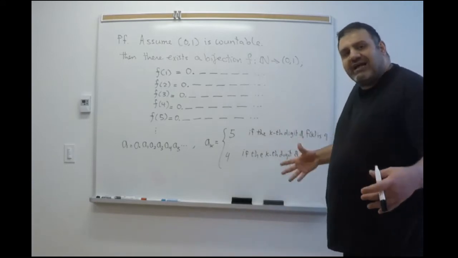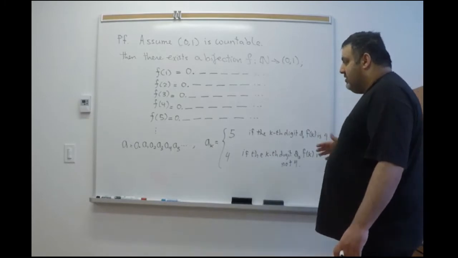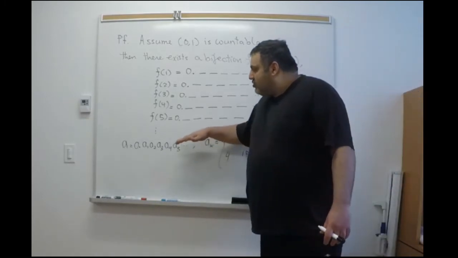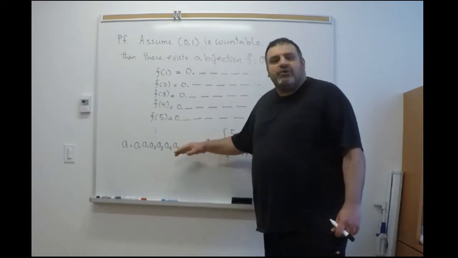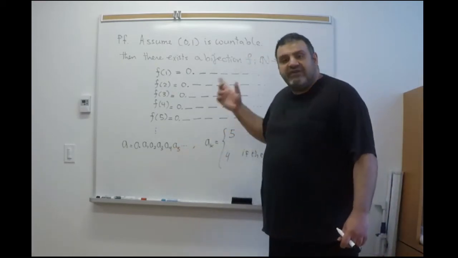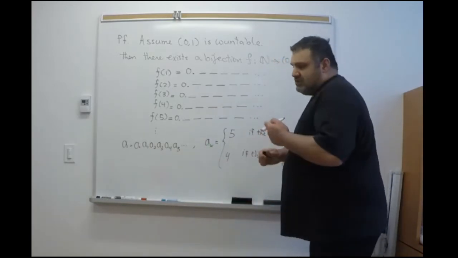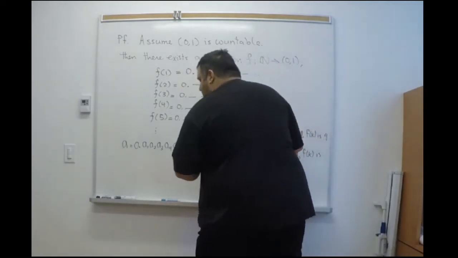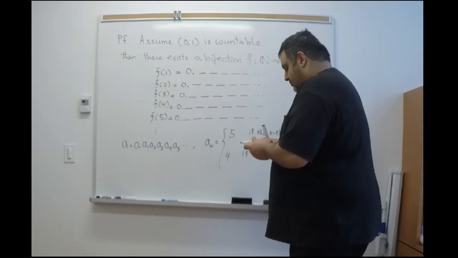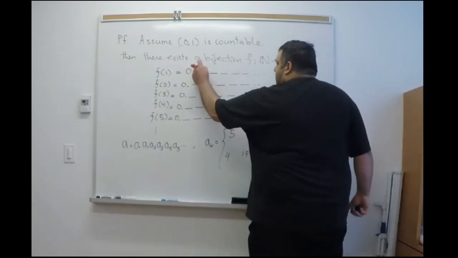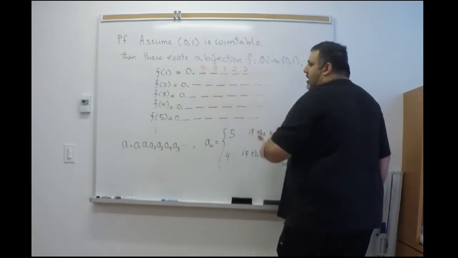So normally in a normal class setting, I would let you pick the digits, but suppose for the sake of argument that you have this. Now the idea is that this thing is never going to be in the image of f. Just for a concrete example, suppose this one was 4, 3, 1, 2, 3, and so on.